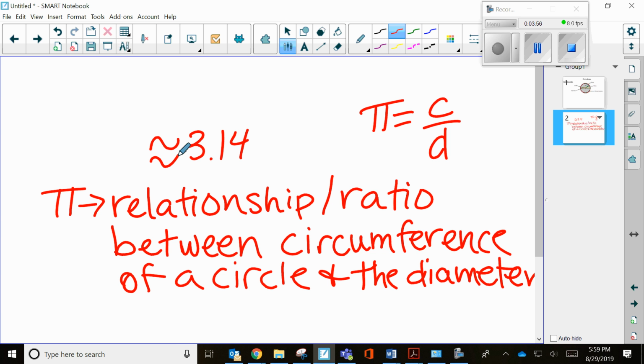Now this is an irrational number that goes on forever and ever, and we will discuss irrational and rational numbers at a later time. But what you need to understand is that pi is the relationship between circumference and diameter. So now, if I want to find the circumference of a circle, I'm going to need to use a specific formula.